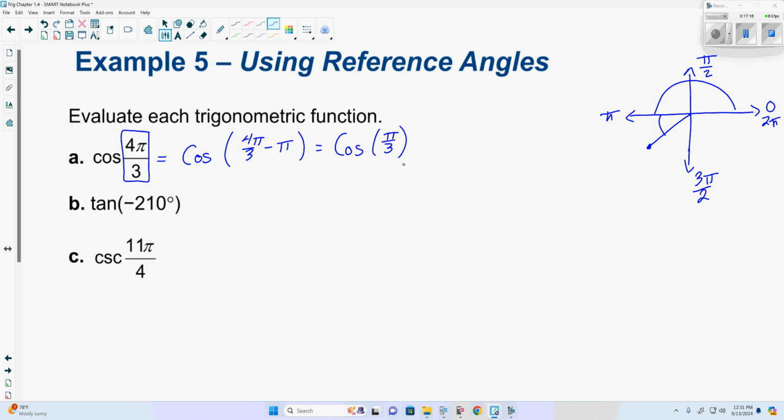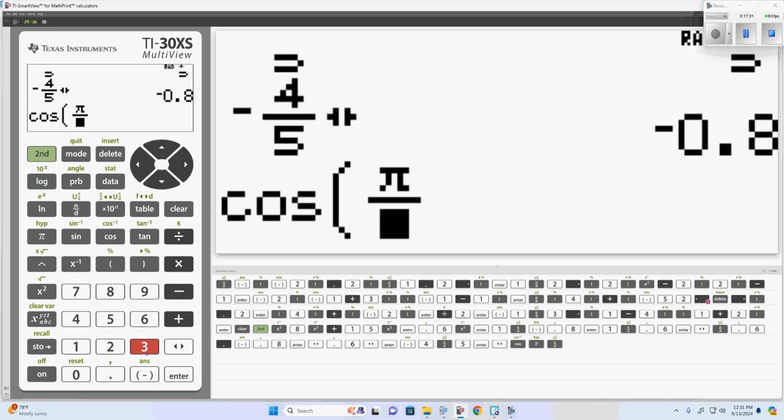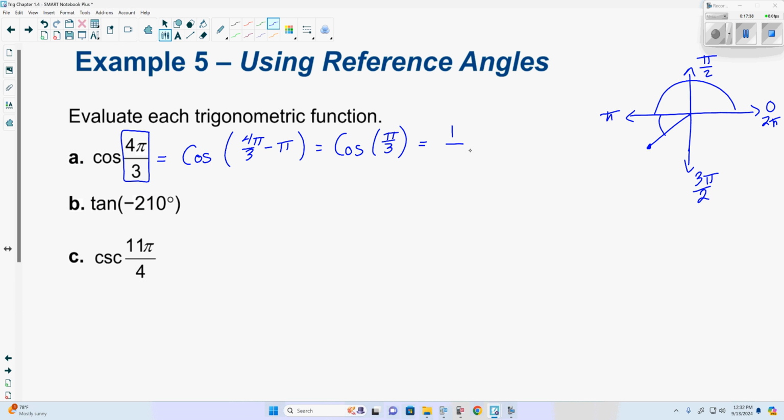And at this point here, we can pull out our unit circle to find the value of pi over 3, which I think is square root of 3 over 2. Yep. Cosine of pi over 3. Sorry, it is 1/2. So this here is indeed a half. But in the third quadrant, cosine is negative, so it'd be a negative half.